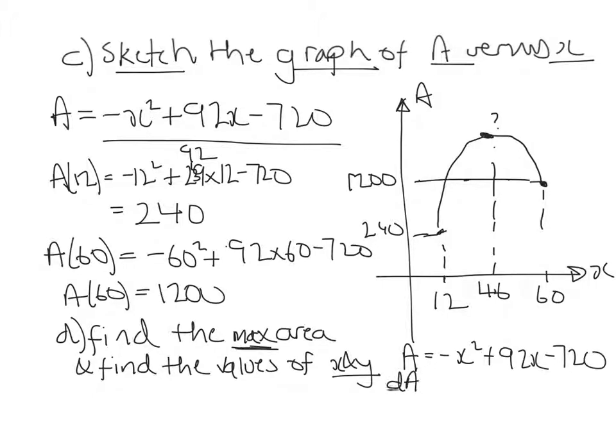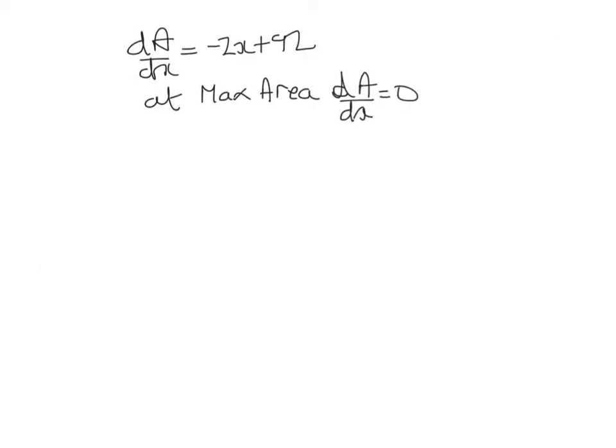We differentiate: dA/dx is minus 2x plus 92. At the maximum area, dA/dx is equal to 0, therefore 0 equals minus 2x plus 92, which means 2x is equal to 92, so x is equal to 46.